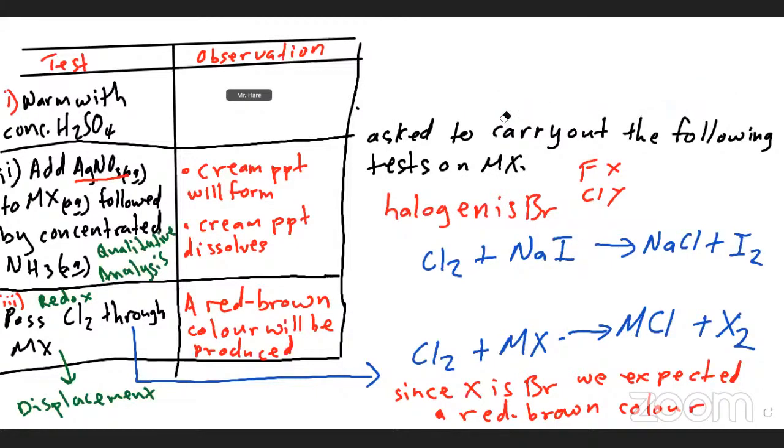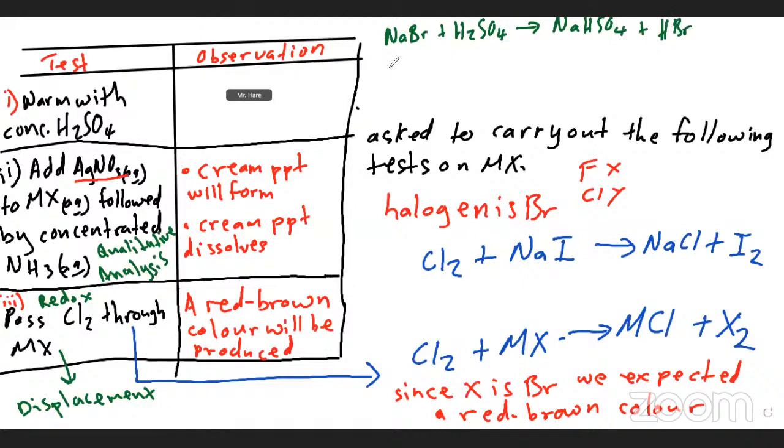All right, let me give you a typical example, and then you can switch it out with MX. So sodium bromide with sulfuric acid gives sodium hydrogen sulfate and HBr.